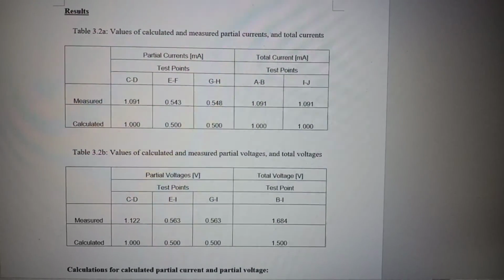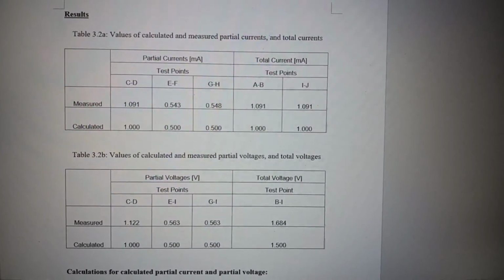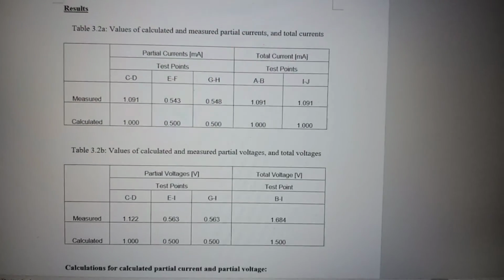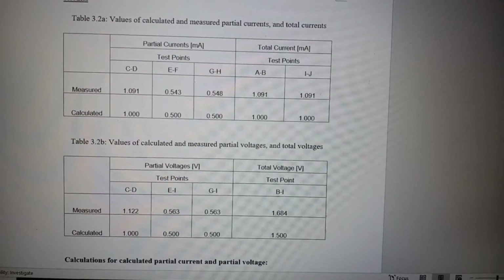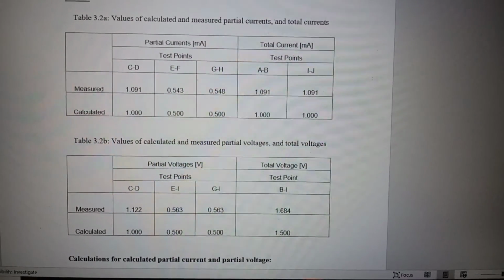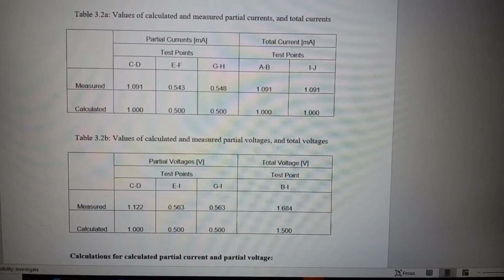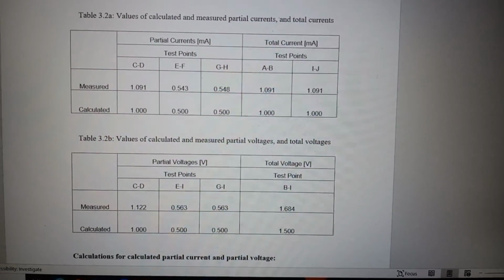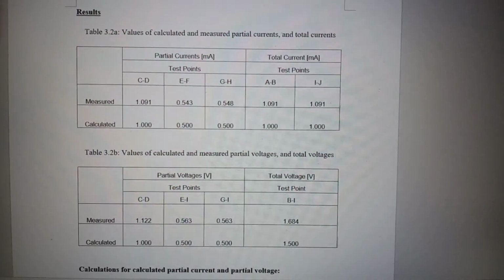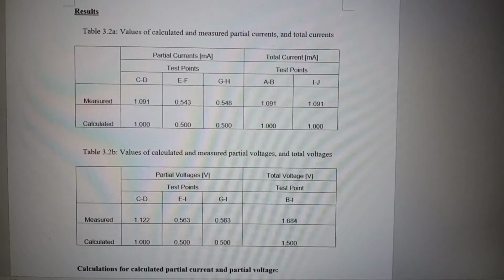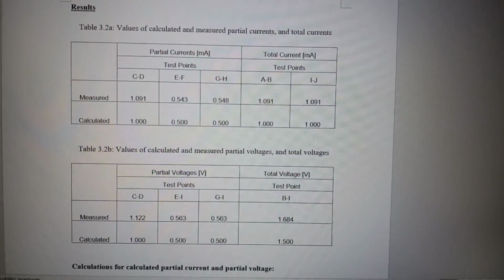On the other hand, the measured partial voltage at test point EI is 0.563 volt, whereas the calculated partial voltage at test point EI is 0.5 volt, where there is a difference of 0.063 volt between the measured and the calculated partial voltage.